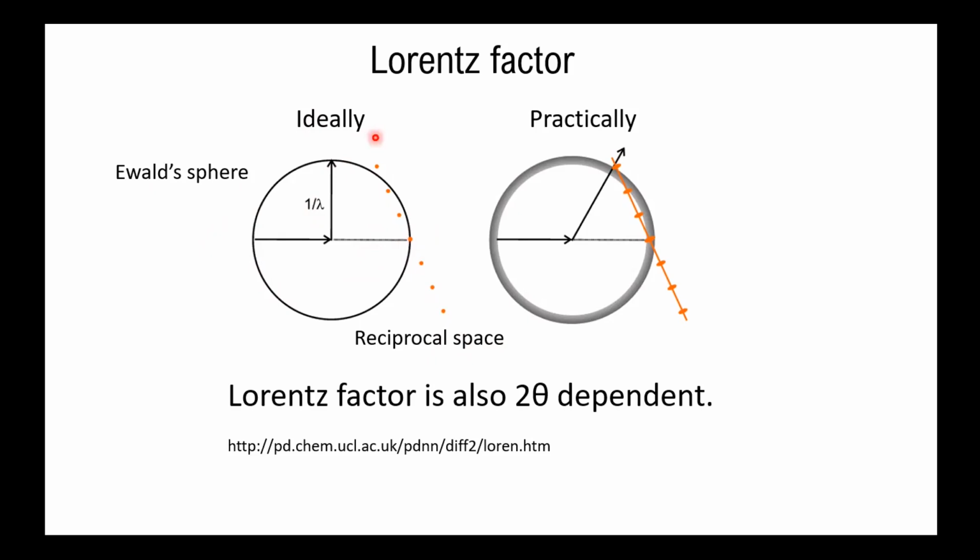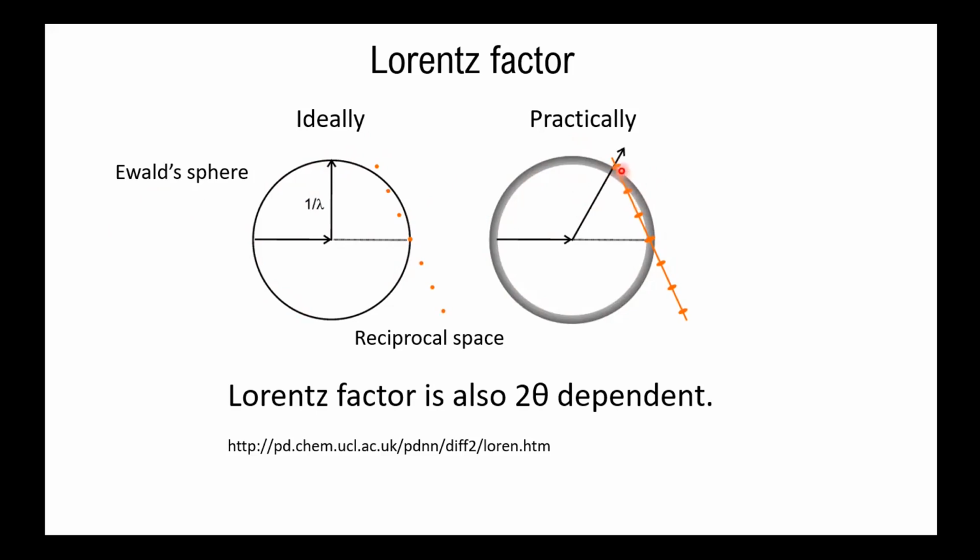That's ideally the case. But later people realized that what is really happening is that this Ewald sphere has a certain thickness. It's not an infinitely thin layer. Also, instead of perfect spots, just one single dot, the reciprocal space comprises slightly smeared spots.